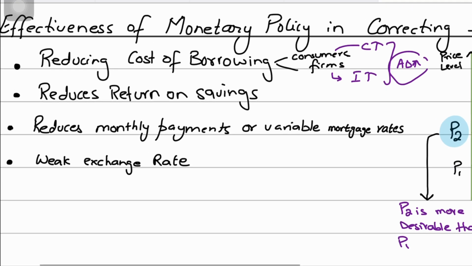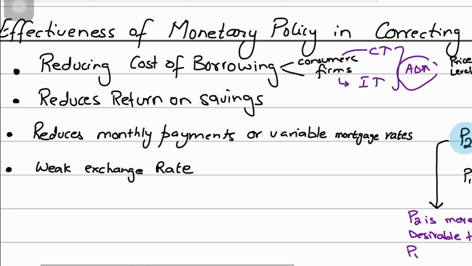Secondly, when interest rates in the economy go down, interest rates not only represent the cost of borrowing but also a return on savings. For people who save money in order to earn interest, it's a return on saving. So that reduces the return to save. When the return on saving goes down for savers and people who deposit money in banks, this reduces the incentive to save, and instead it increases the incentive to borrow and spend.